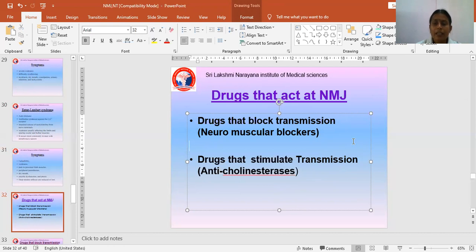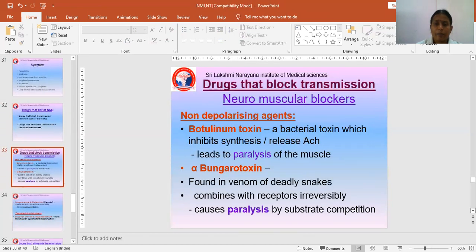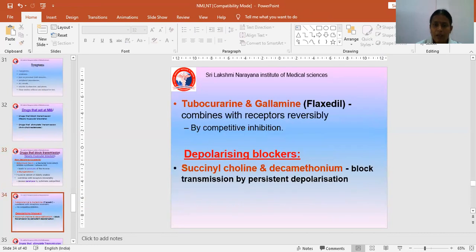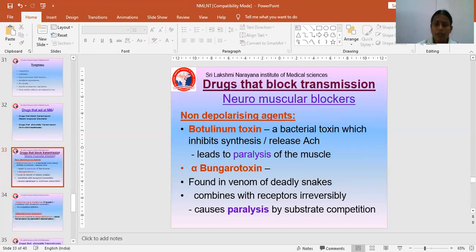Drugs that stimulate the transmission are called anticholinesterases. First we are going to discuss the neuromuscular blockers. There are two types: non-depolarizing blockers and depolarizing blockers.